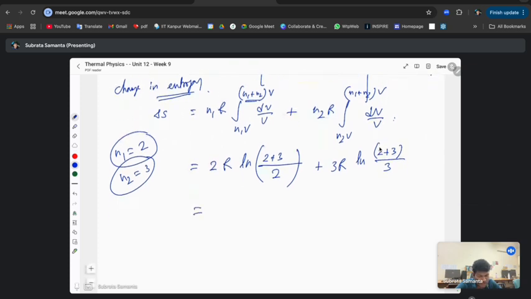So if we add these two, and we know the value of R is 8.314 joule per mole per Kelvin.